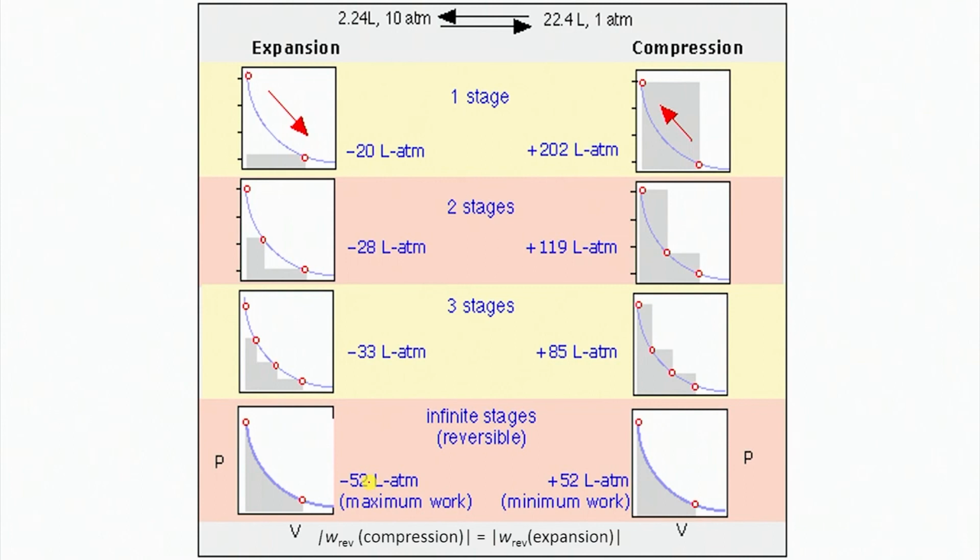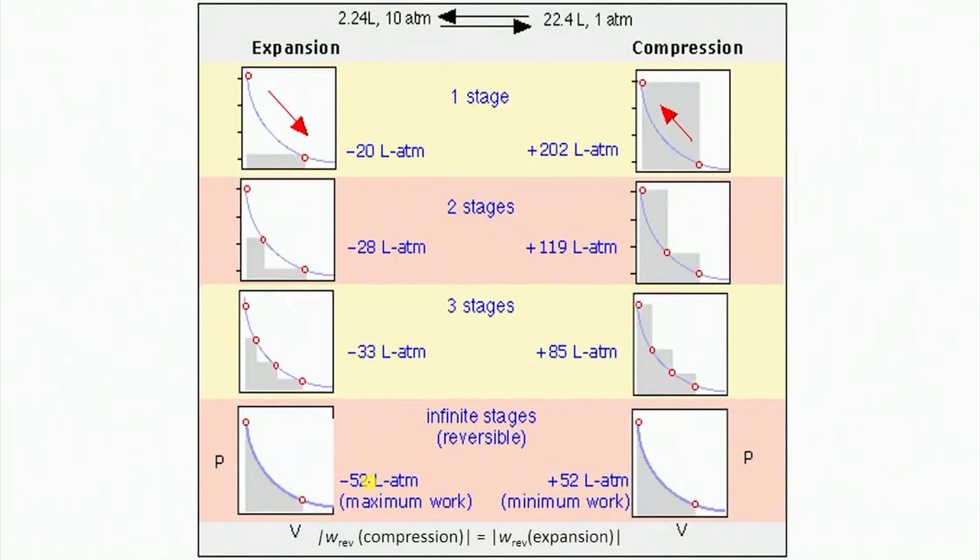I would also like to highlight that the work done during a compression and the work done during an expansion are very different, and they become equal in magnitude only when the experiment is carried out between the same pair of initial and final equilibrium states by doing a reversible process.